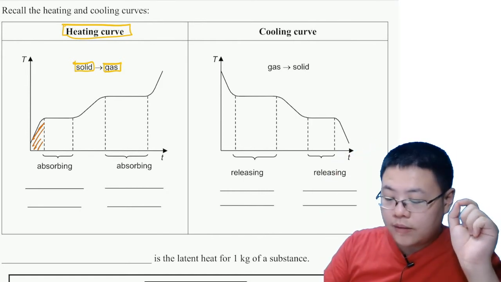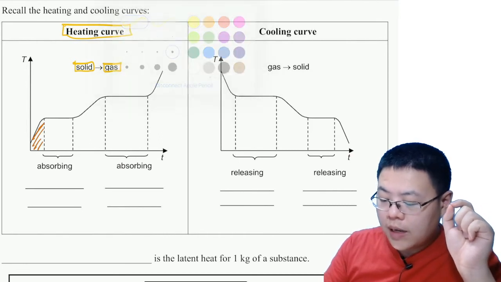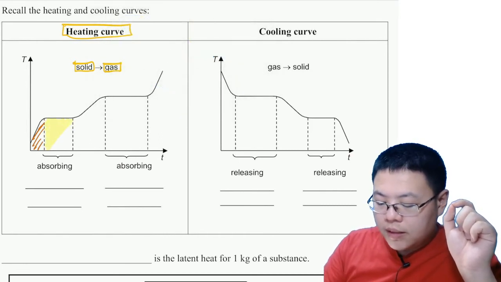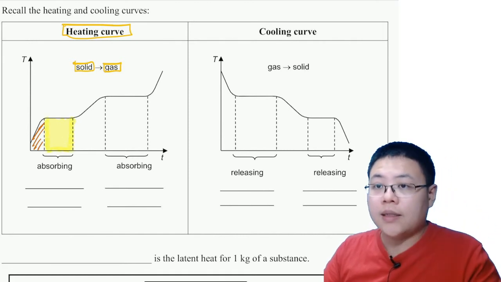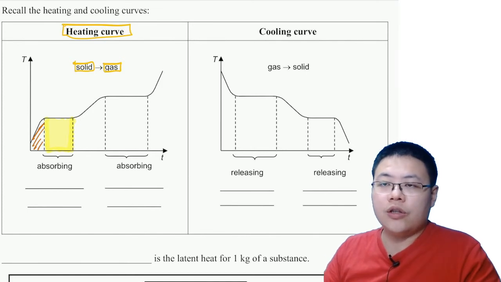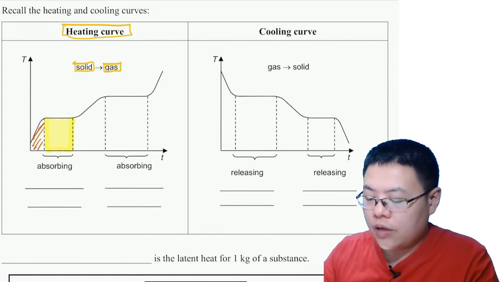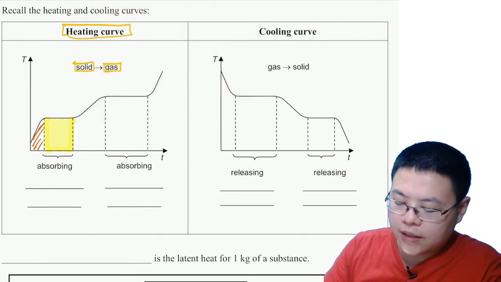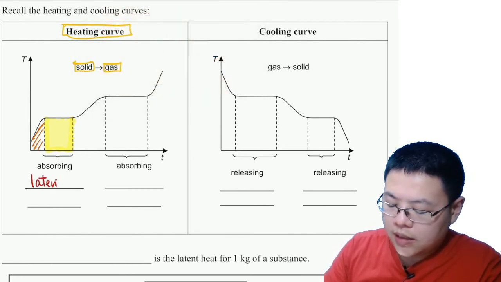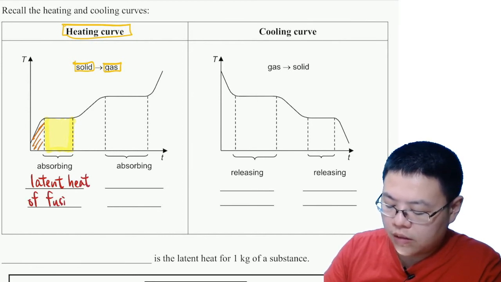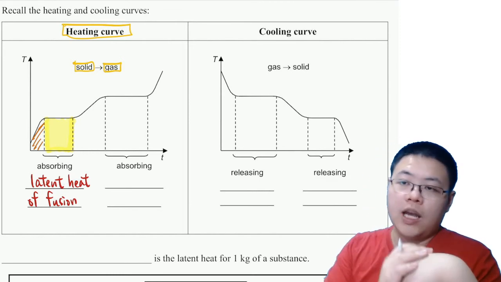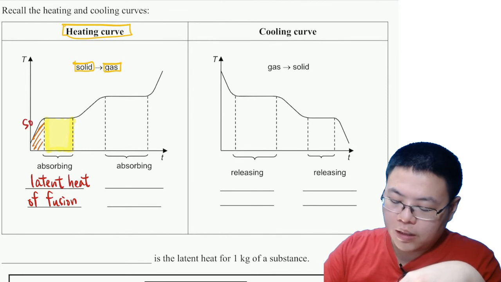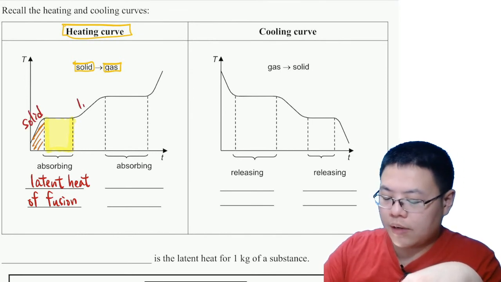And in this yellow part, it is still continuously absorbing energy, but the energy is not shown in the temperature change. Rather, we would call this part of energy the latent heat of fusion. It is absorbing the latent heat of fusion to change from solid to liquid.